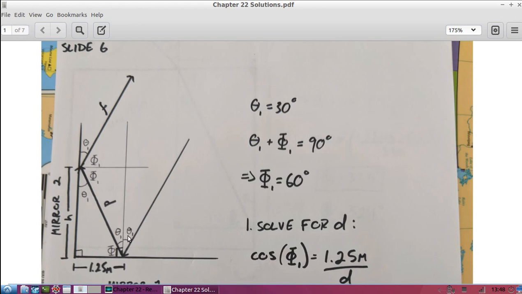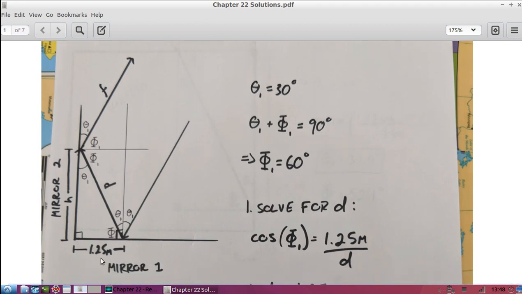So here's my incident angle. Figures are typically not drawn to scale, in my case because I'm pretty bad at drawing, but this is 30 degrees, and it's striking mirror 1 a distance 1.25 meters from where the two mirrors meet.